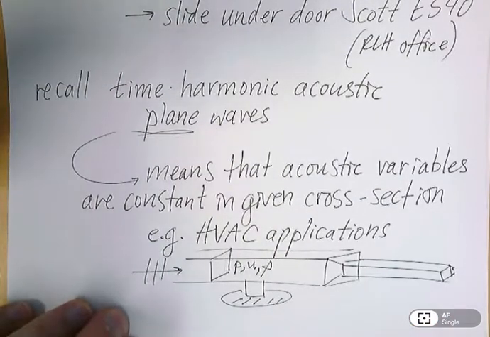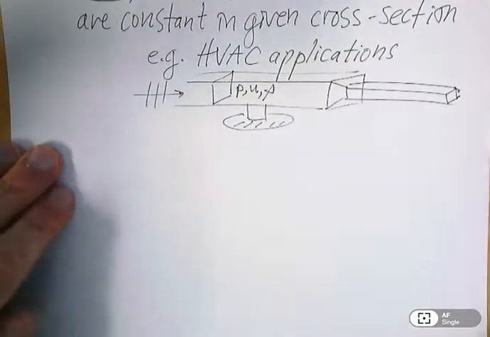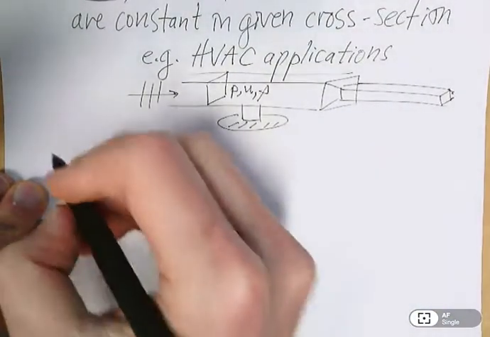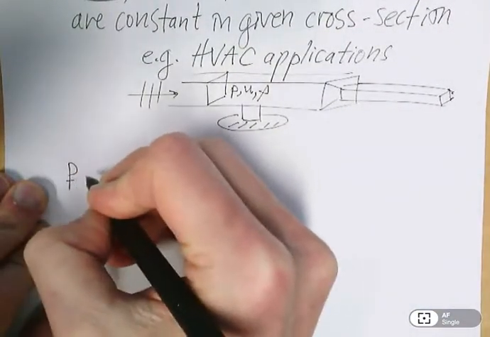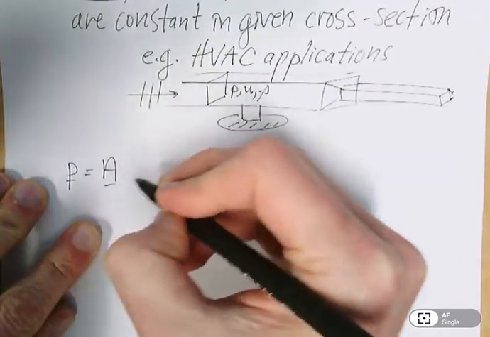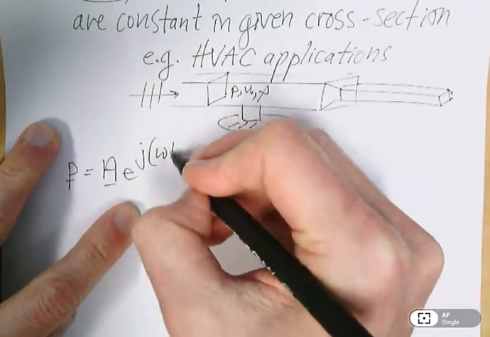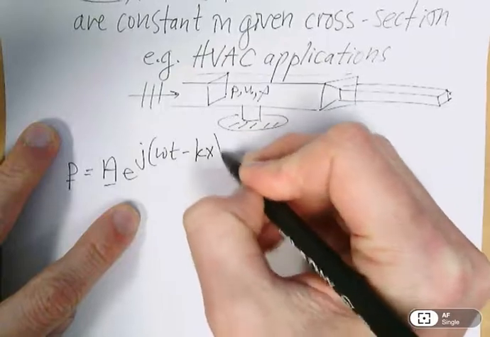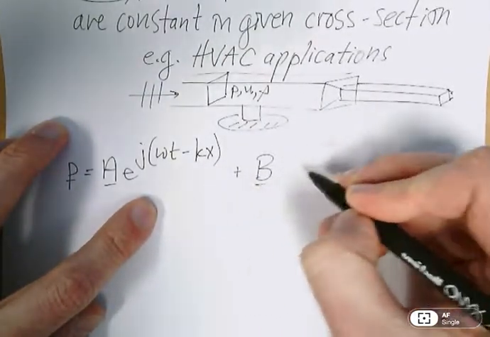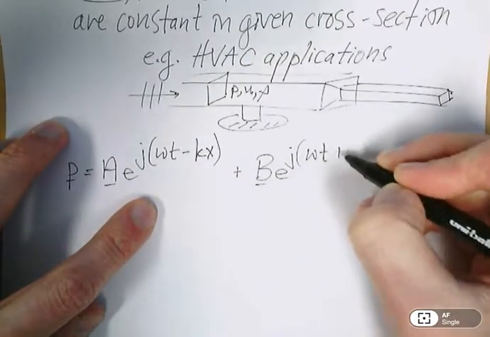So let's recall some of these characteristics of plane waves. Since they're similar to the longitudinal deformations of the rod, we can write out this expression in a similar way: a complex amplitude A, e to the j(omega t minus kx), where k is the wave number, plus complex amplitude B, e to the j(omega t plus kx).